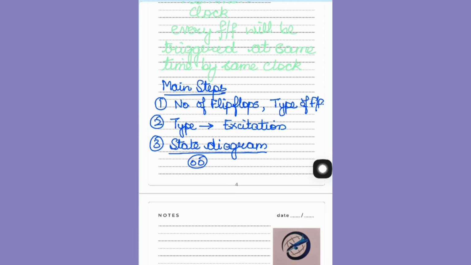The state diagram will be 00, 01, 10, 11, from 00 to 01, from 01 to 10, from 10 to 11, and from 11 back to 00. Do keep in mind it is a closed loop and the state diagram is incomplete if you do not put the arrows. The arrows here show that I am making it for an up counter.